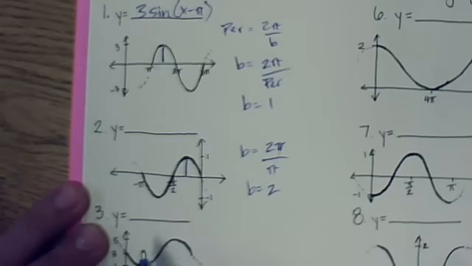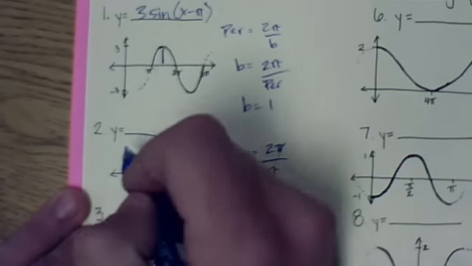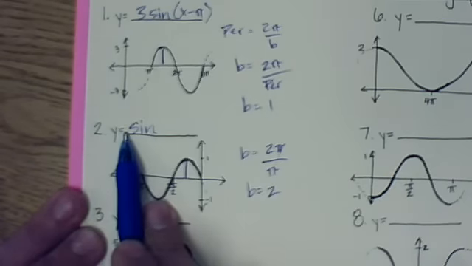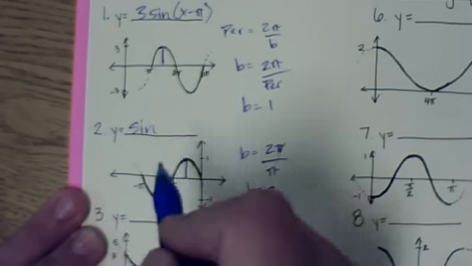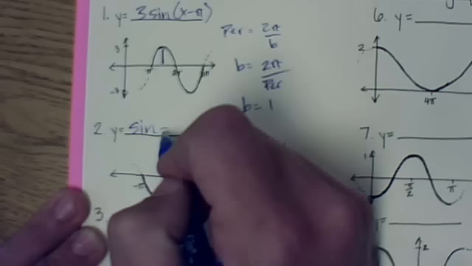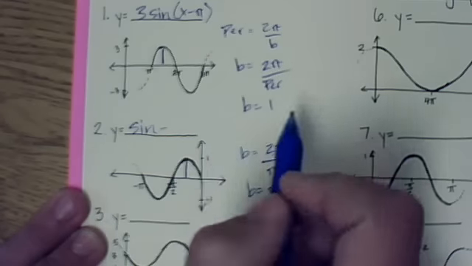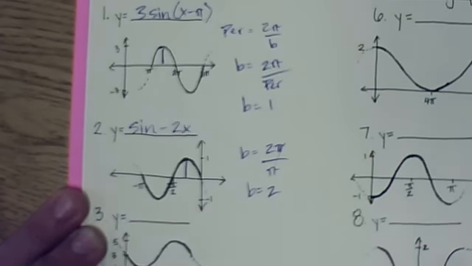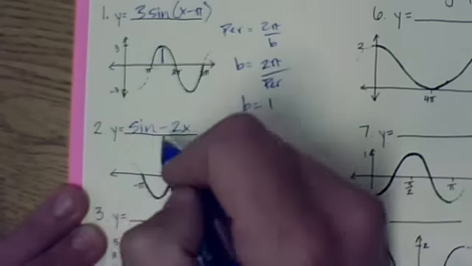So, like I said before, you can get different answers. So we can say sine, the amplitude is 1, so there's no vertical stretch or shrink. If we look at it like a horizontal flip, then we can say sine of negative 2x.